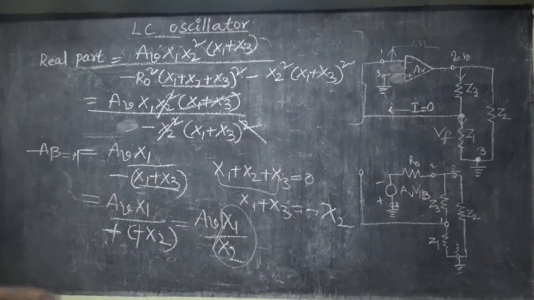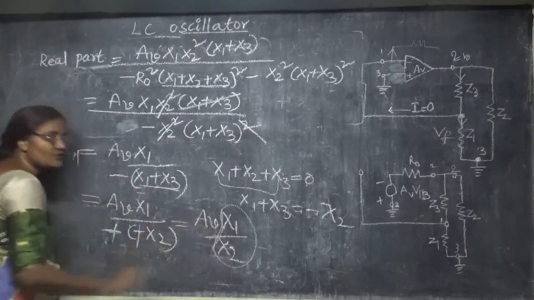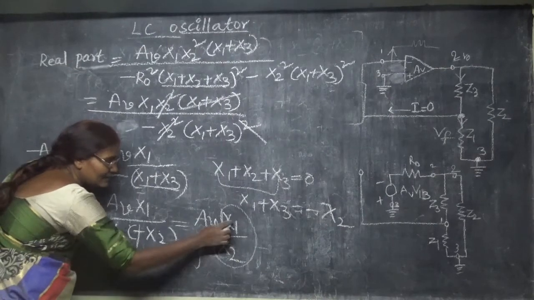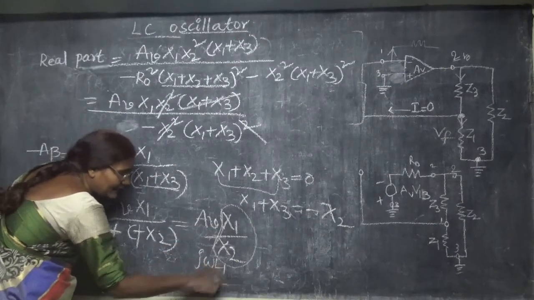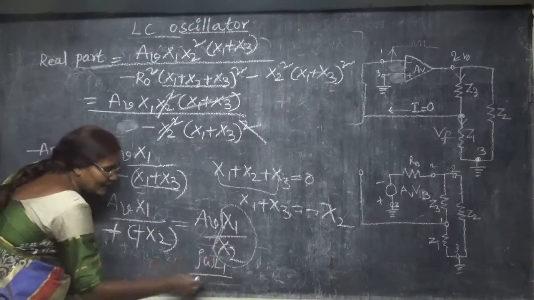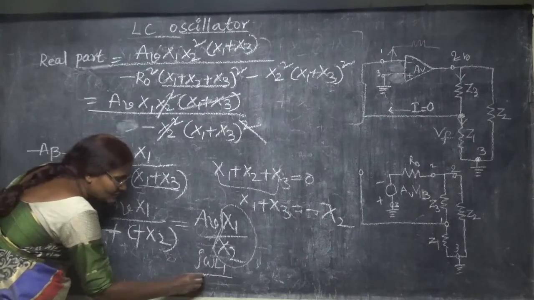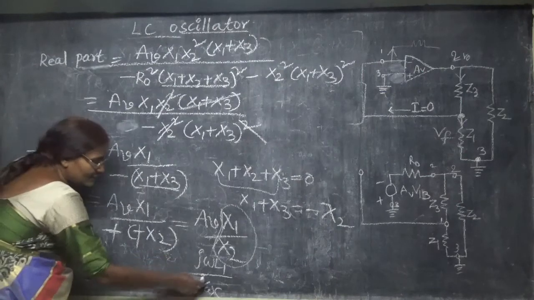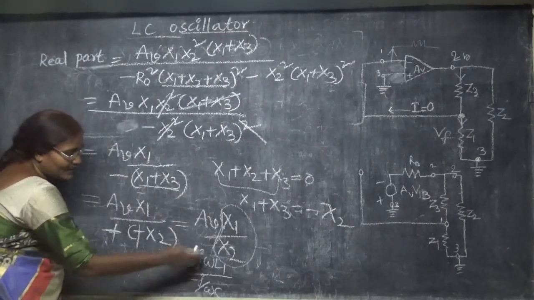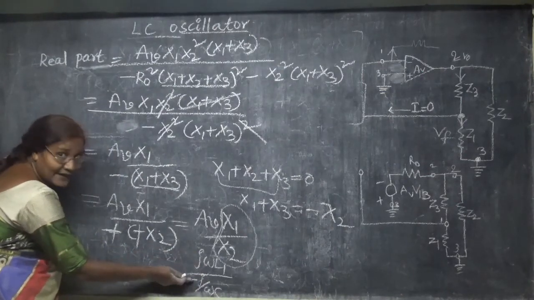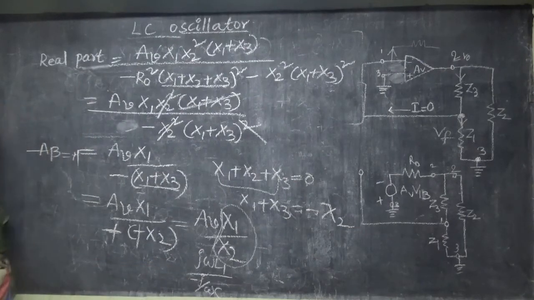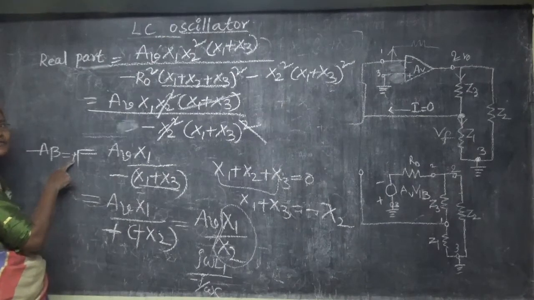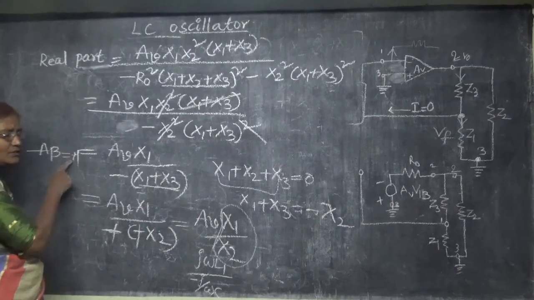Why positive? Suppose I put one inductor and one capacitor. What is x1? j, if it is an inductor, j omega L1, and if it is a capacitor, minus j by omega C. So j will be cancelled out, giving omega square LC, but I am getting one negative sign. I should not get the negative sign because I need a positive quantity.